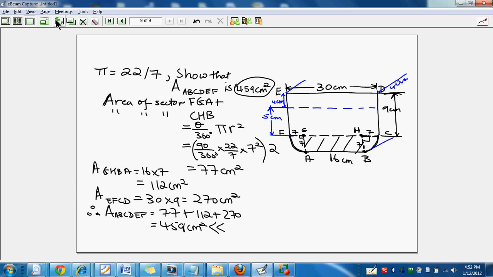Now to get volume, we have to use the equation area multiplied by length perpendicular to it. The area we'll be interested in will be this area now.